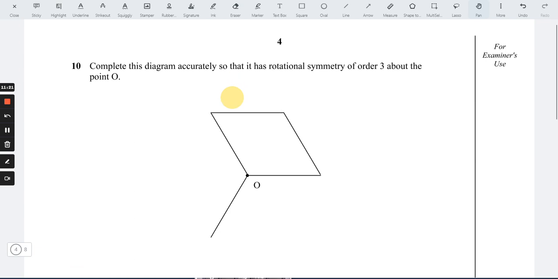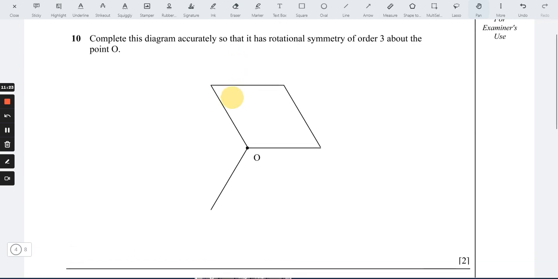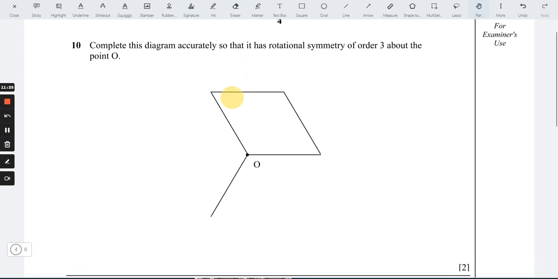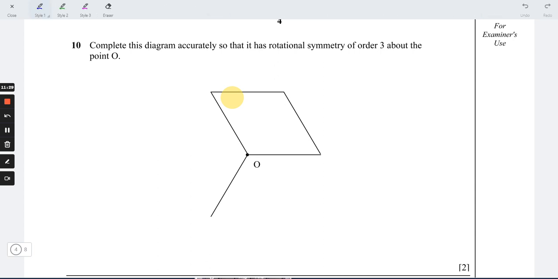Question number 10. Complete this diagram accurately so that it has rotational symmetry of order 3 about the point O. So the rotation here is about the point O. Rotational symmetry means you are rotating or turning this shape, and you will get the same shape.